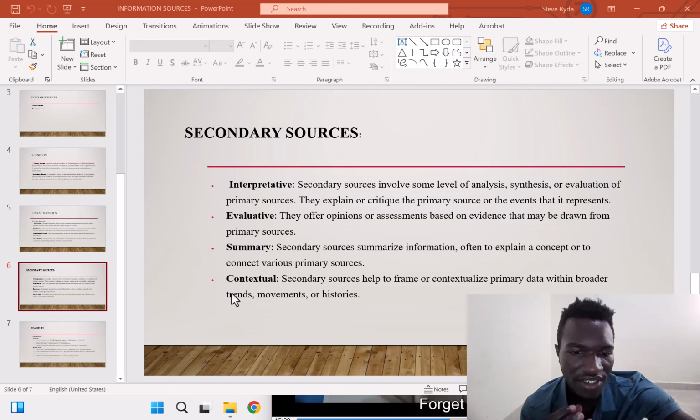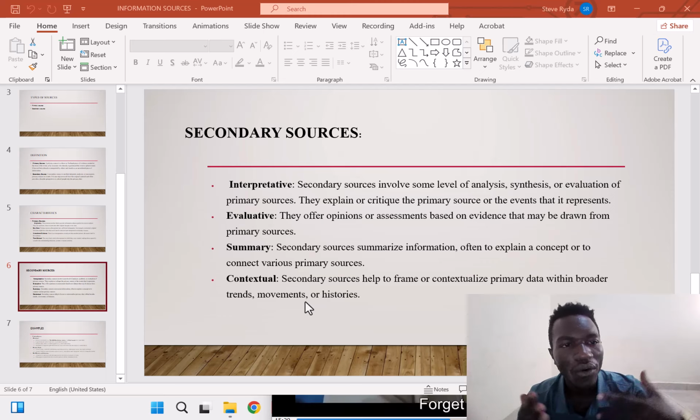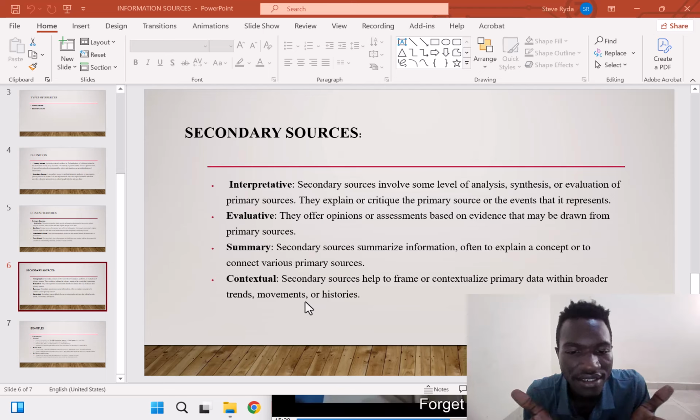So we are saying that it is contextual. Secondary sources help to frame or contextualize primary data within broader trends, movements, or stories. So in this format, we're saying it is contextual. It gives a wide image and a correlated image, in a way that when it is in a historical manner, you will follow all the steps that were involved.